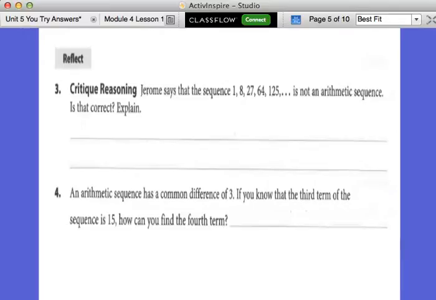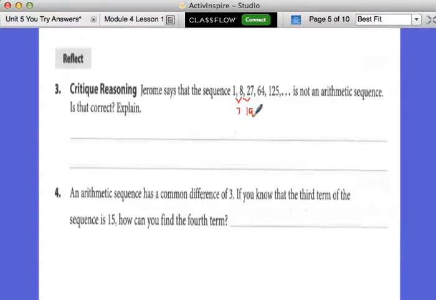Right, so Jerome is saying that it's not an arithmetic sequence. Is that correct? In this case, it is correct, because the difference between the consecutive terms is not always the same. There might be some sort of rule sometimes that works, however, the difference has to be the same. So in this case, the difference between 8 and 1 is 7, and the difference between 8 and 27 is 19.